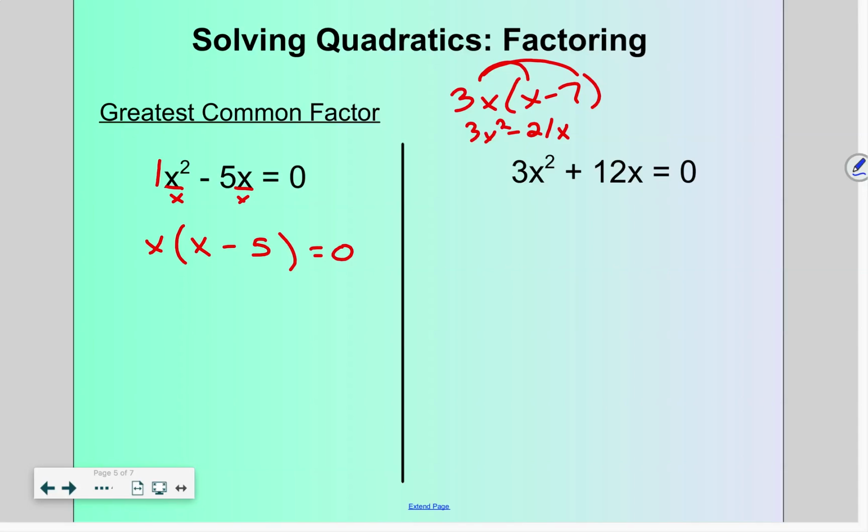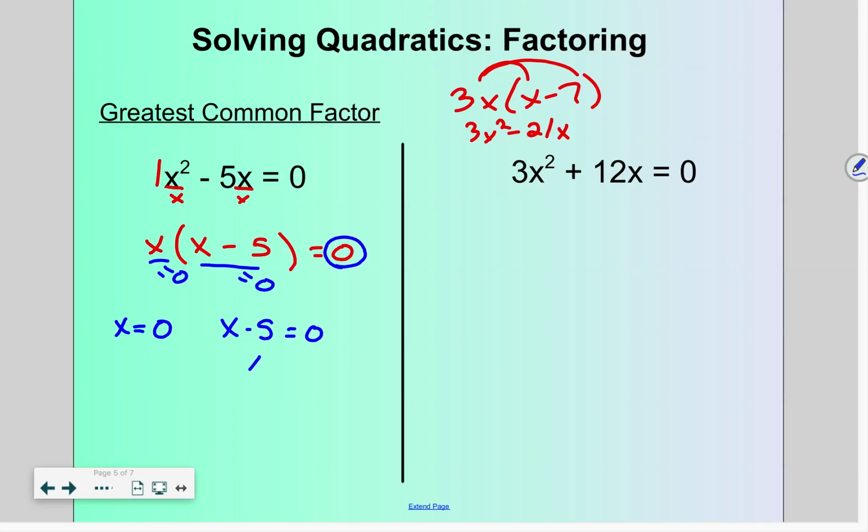But by factoring it out like this, we need to try and find all of the x values that will make this equal to 0. Now we need to remember our zero product property, that in order for x times x minus 5 to equal 0, one of these two numbers has to equal 0. So either you could let x equal 0, that's one of our answers, or this x minus 5 could equal 0.